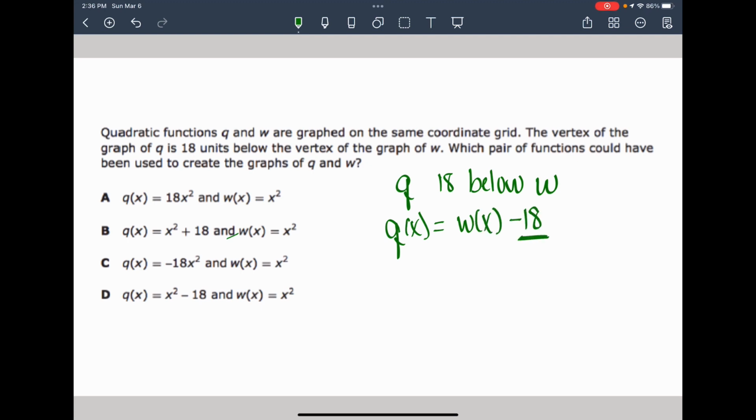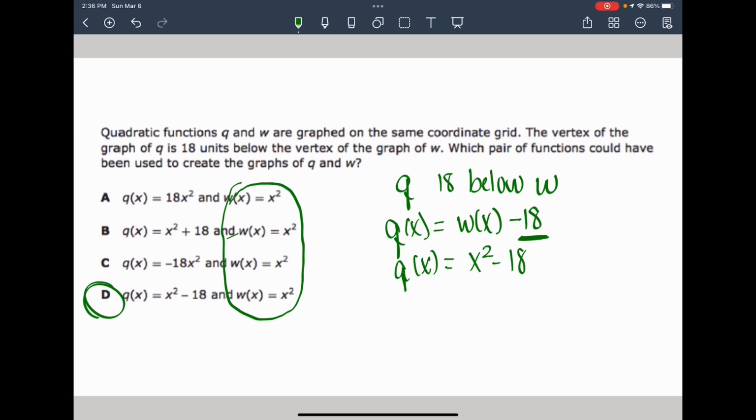Because remember, when we're shifting downwards, we have that minus 18 on the end. So we want this. So look at these. In all our answer choices, it tells us that w of x is x squared. So if we plug that in, we get q of x equals x squared minus 18. And so that's why D is the correct answer choice.